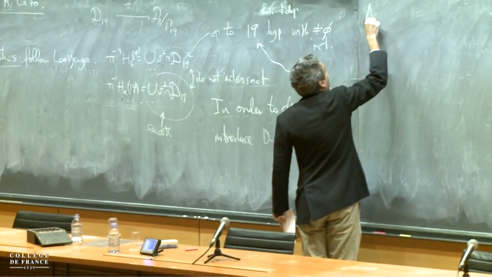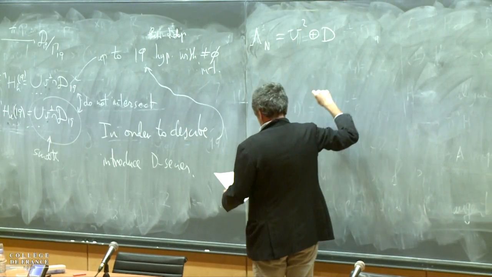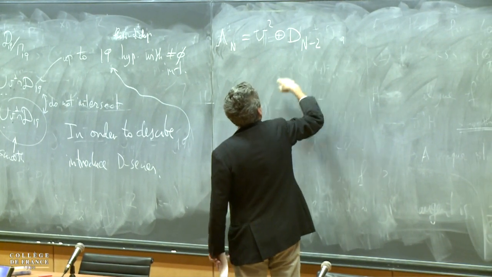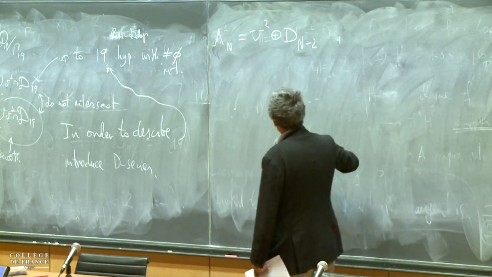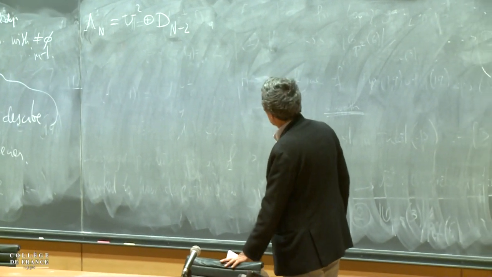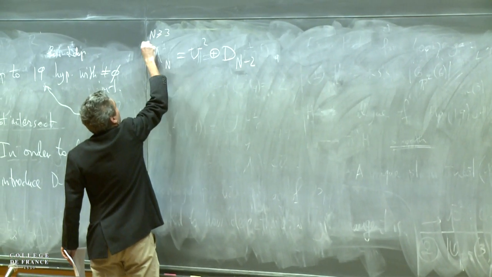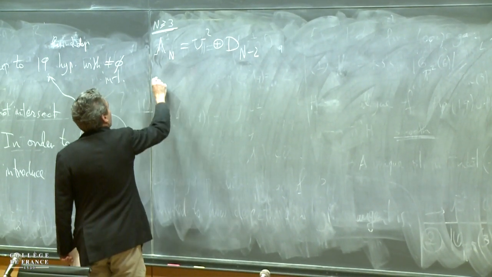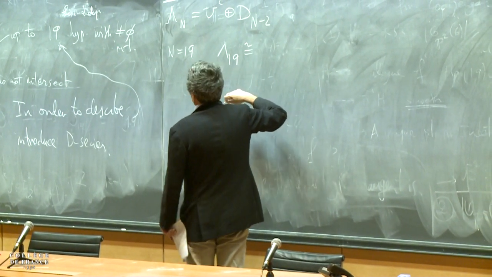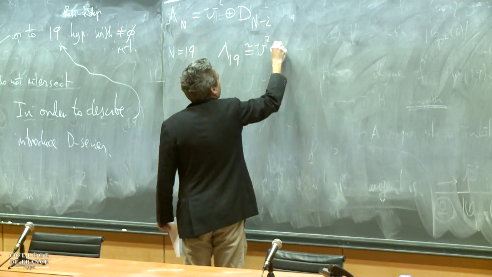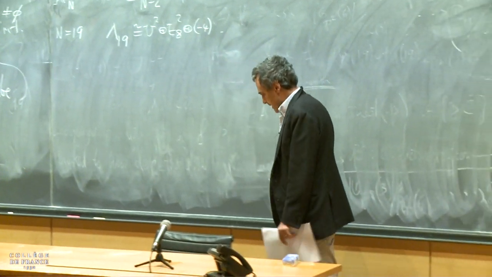So what I mean is I want to look at a certain lattice, okay? So this is two copies of the hyperbolic plane, and this is the negative definite D_n lattice, the root lattice given by D_n, okay? So if n is 19, this is isomorphic to what we had before, okay? So that's why it's relevant here.